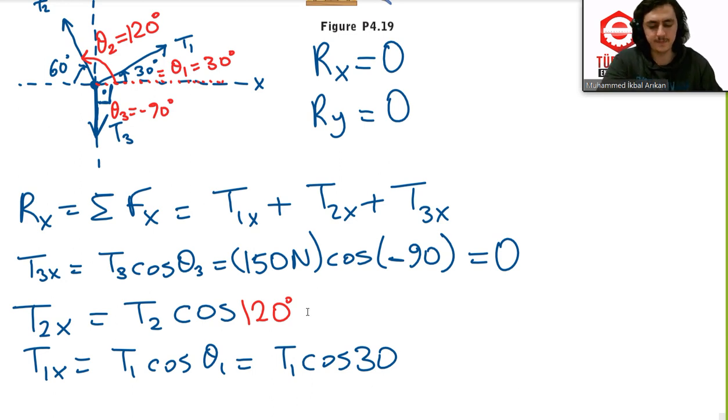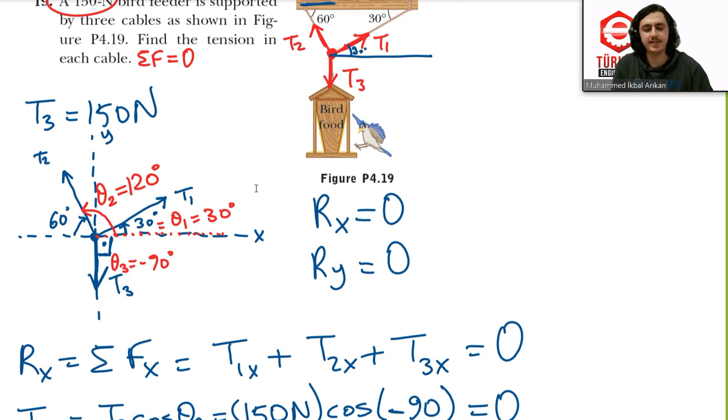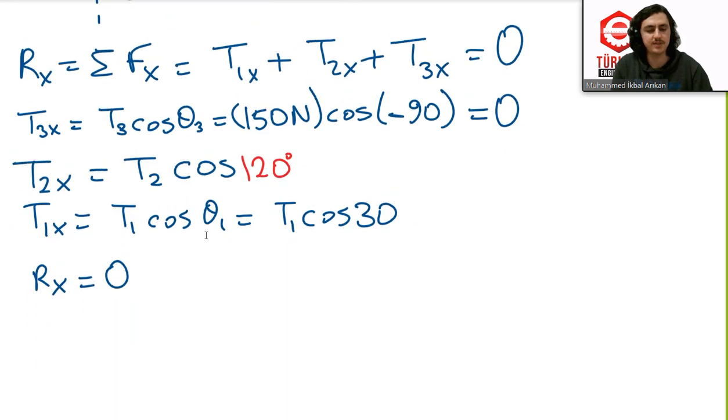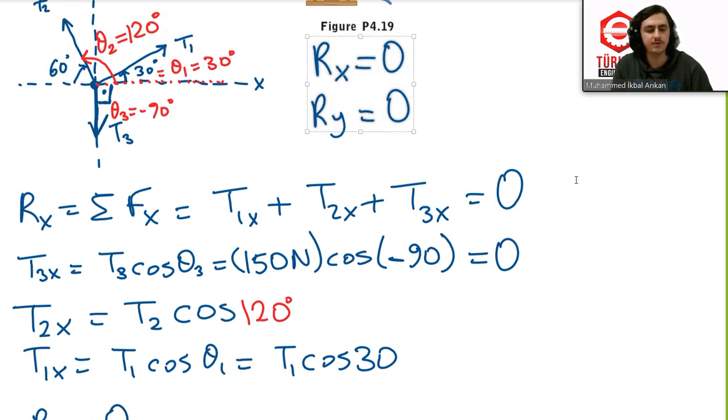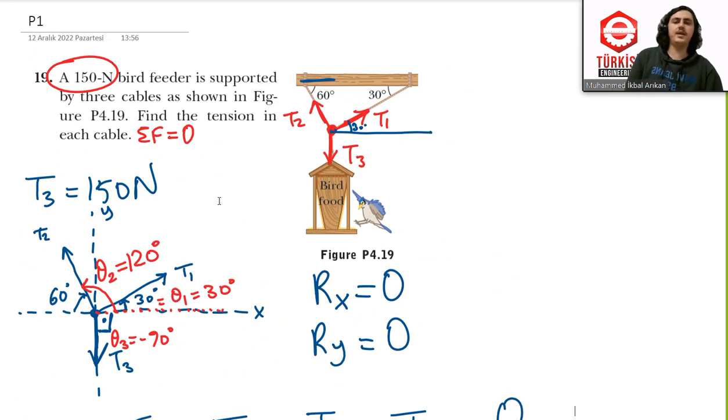If Rx equals 0, the summation of all forces must be equal to 0 because of the equilibrium case. I will explain why in the next sections, but just take this as equal to 0. In this section, we are just taking the idea for calculating net forces.